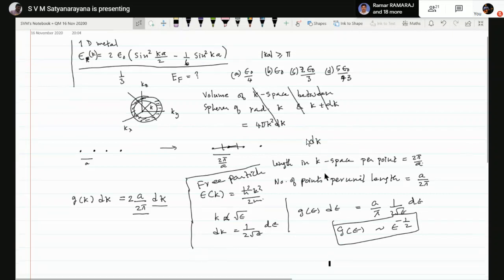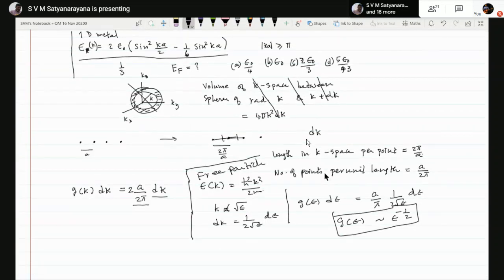Now we are given this epsilon of k, epsilon naught sin square Ka by 2 minus 1 by 6 sin square Ka.